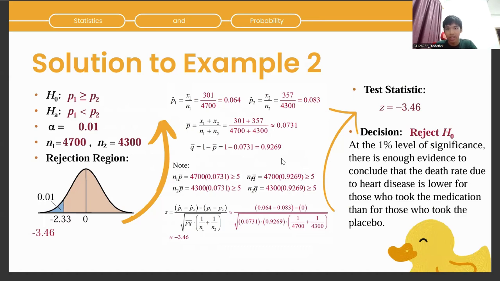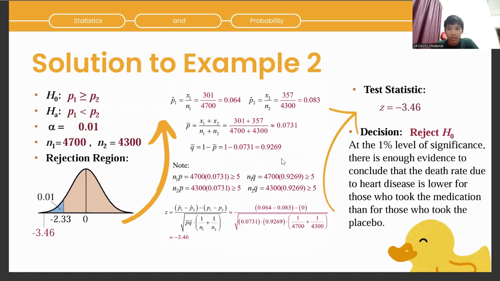The significance level is 0.01. The first sample size is 4,700, and the second sample size is 4,300. And according to this graph, we have the rejection region on the left because the alternative hypothesis is less than.